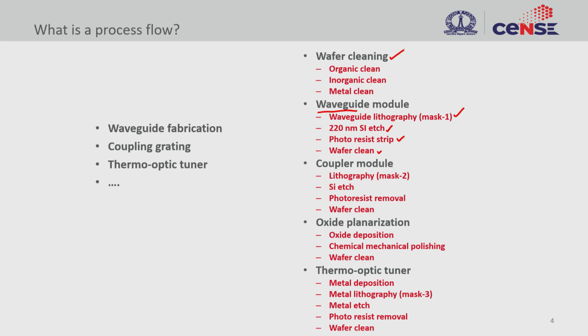After this waveguide module, there is a coupler module. This is again another device module. That again includes lithography, etching, photoresist removal, and cleaning step. So what I can do is take this particular module and place it wherever I want based on the requirement from the designer side. Similarly, this wafer cleaning module, I can place in between processes also, in order to make sure my transition from one module to another module is free of contamination or cross contamination.